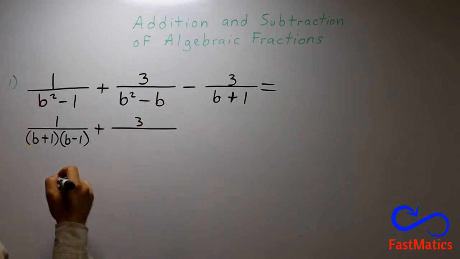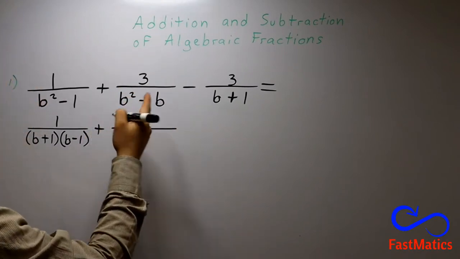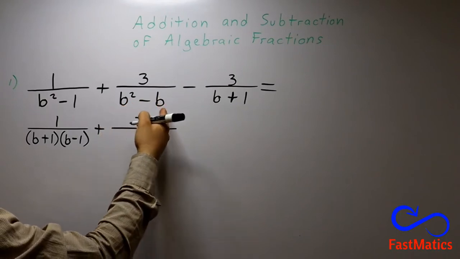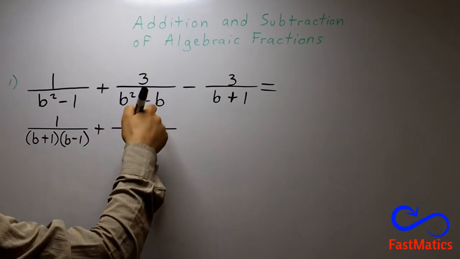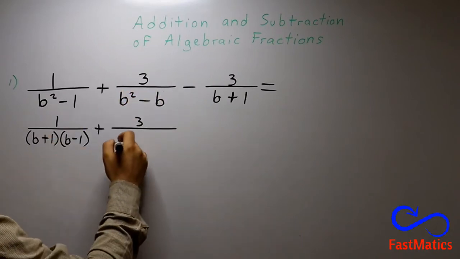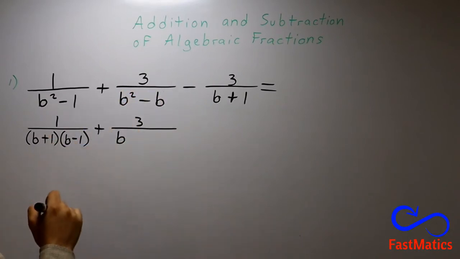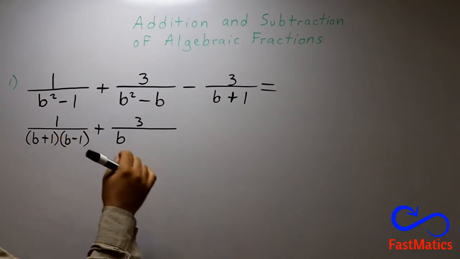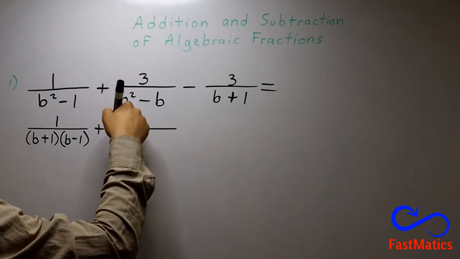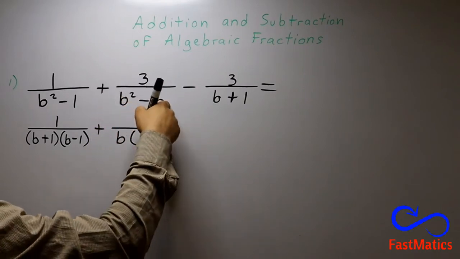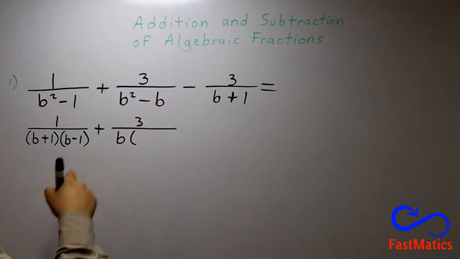You can't do anything. But here, we have two terms. Is anything repeating in both terms? Yes, the b. So we take the b with the smallest exponent. We open a parenthesis and we make divisions. The first term divided by the common factor and the second term divided by the common factor.